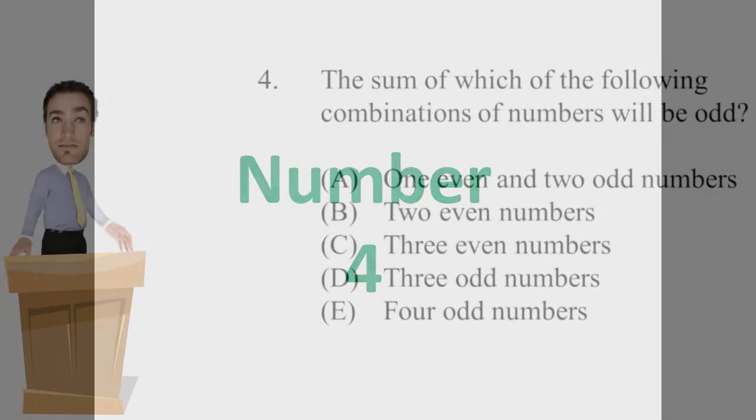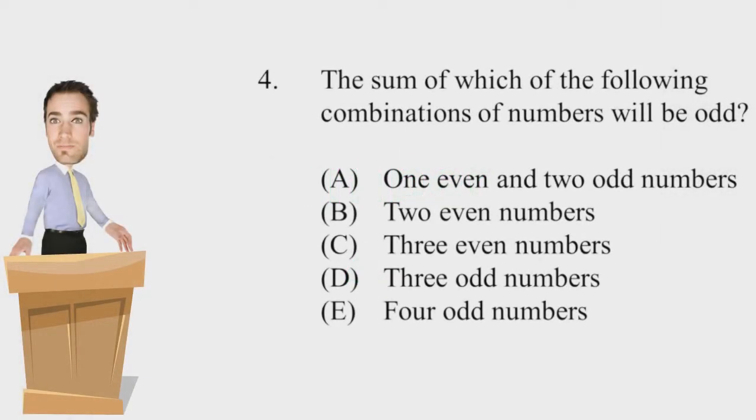Number 4 is the last of our very, very easy questions. These have all been level 1s. They're wanting to know if you understand the concept of even and odd numbers. Even numbers are numbers such as 2 or anything that's divisible by 2: 2, 4, 6, 8, 10, 12, and so forth.